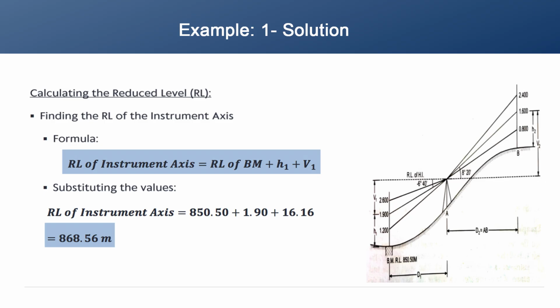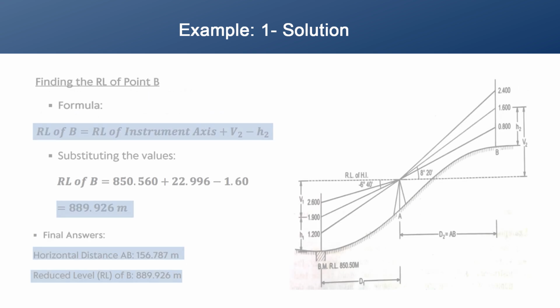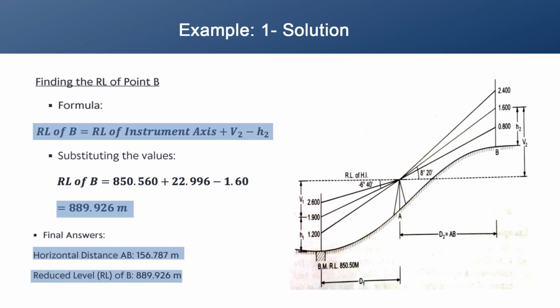Now, calculating the reduced level RL. The formula is: reduced level of the instrument axis is equal to reduced level of the benchmark plus H1 plus V1. Substituting the values, we get RL of the instrument axis is equal to 850.50 plus 1.90 plus 16.16, which gives 868.56 meter. Now, finding the RL of the point B. The formula is RL of B is equal to RL of the instrument axis plus V2 minus H2.